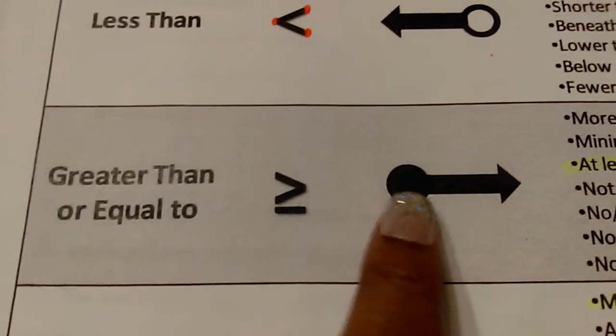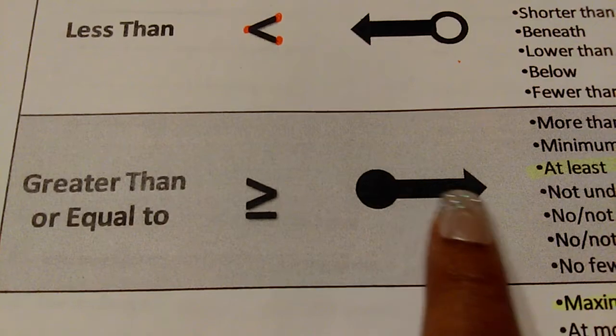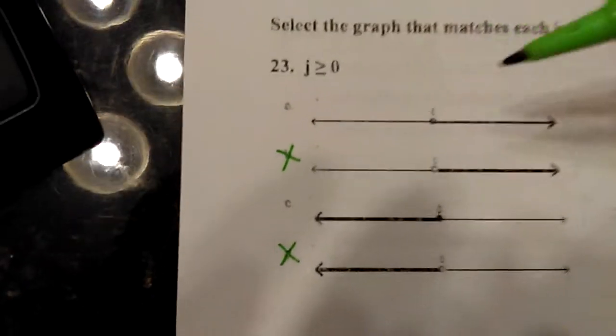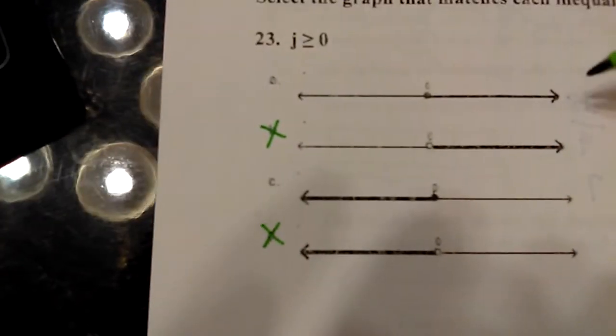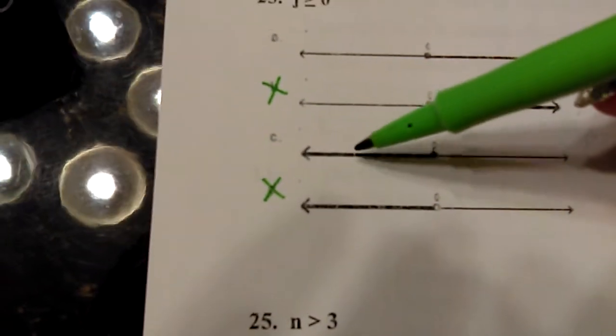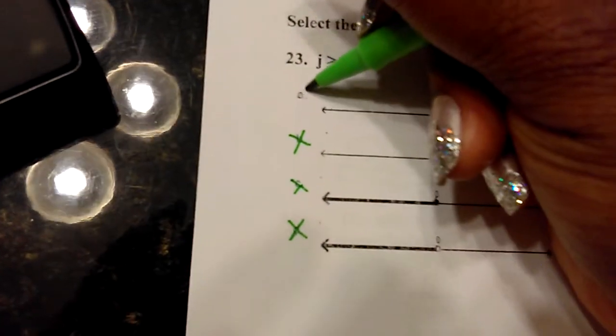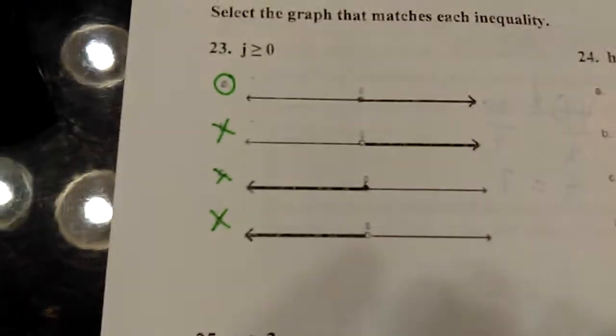So we are going to make sure we have a closed circle and our graphing, our shading, is going to the right. Let's look at our two options. A is a closed circle and it's going to the right. Great. C is a closed circle, but it is going to the left. So C is not an option. A is our solution there.